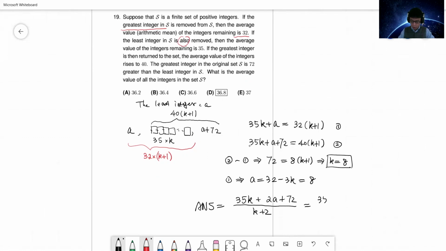So 35 times 8 plus twice A plus 72, and divide by 10. And this number equals 36.8. It's basically 368 divided by 10. The answer here is D.